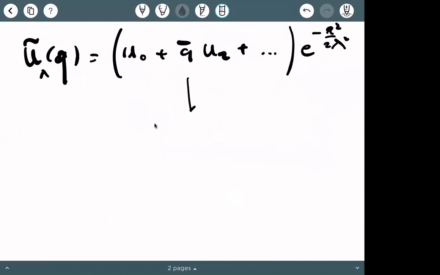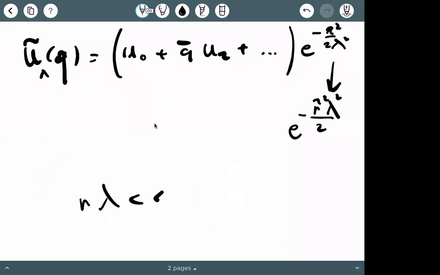So when I Fourier transform this, the corresponding object in the infrared will be extremely flat at small distances, because the Fourier transform of this will be something like e to the r square lambda over 2 square, right? So whenever r lambda is much less than 1, this will not become important.